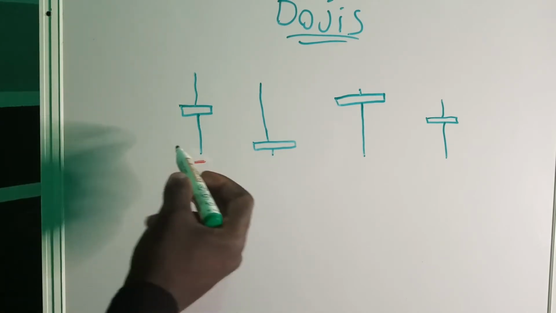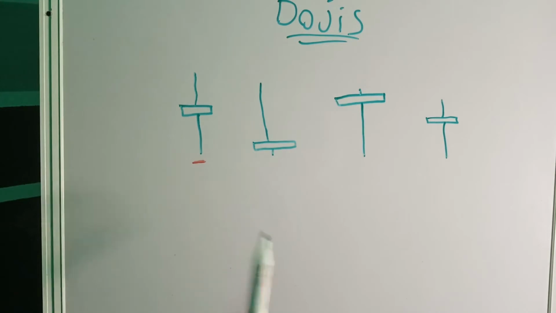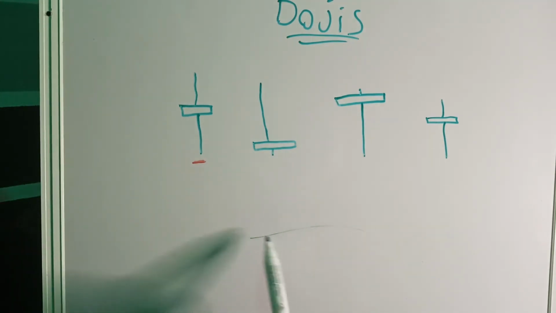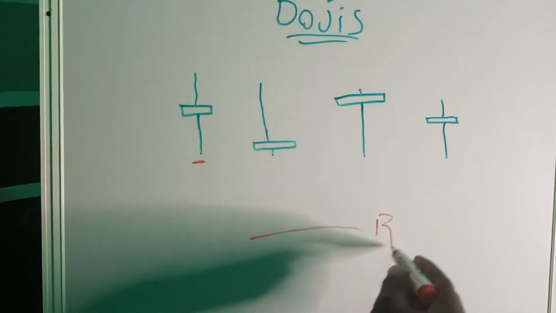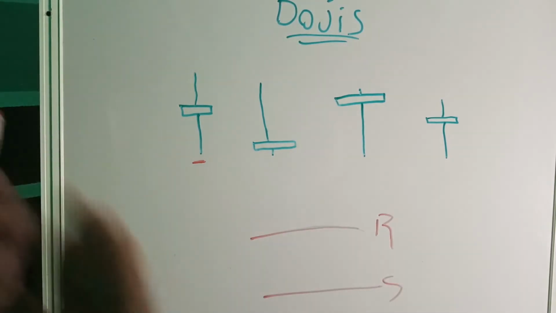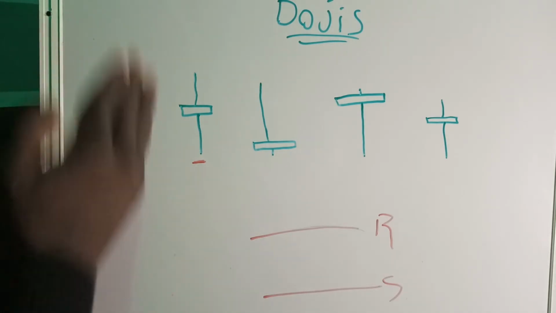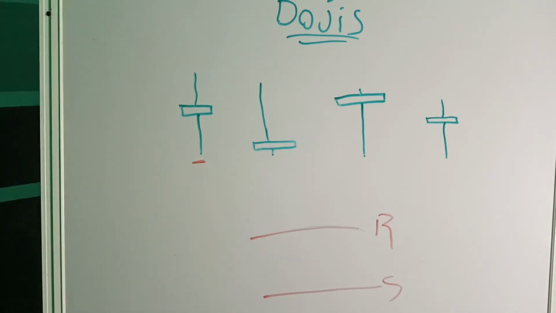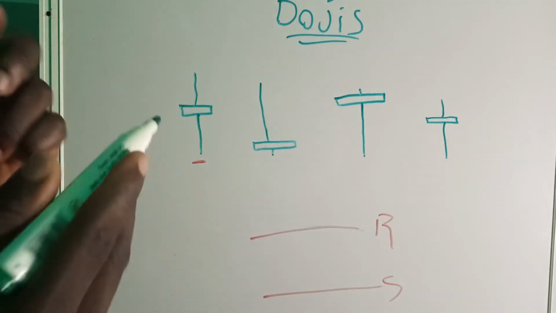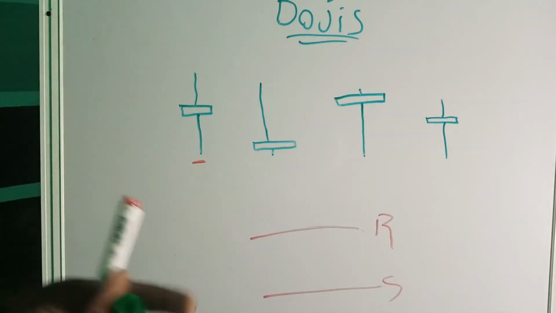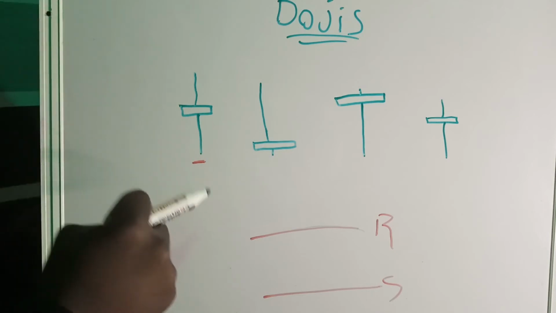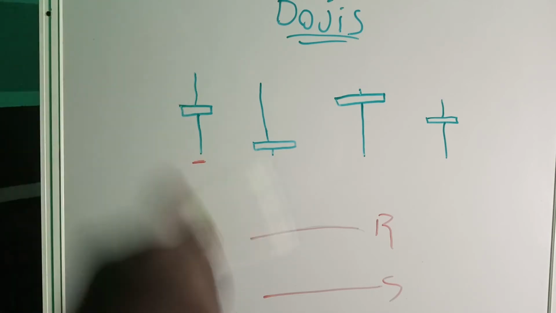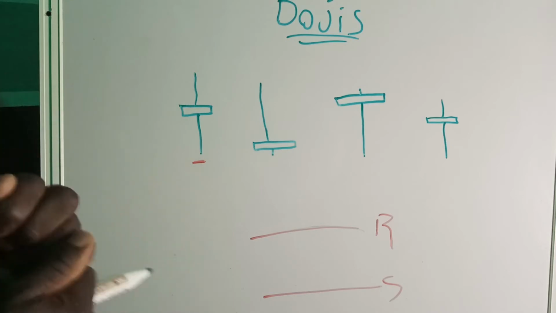Now, if any of these dojis should form at a resistance or a support level, it indicates trend continuation or a reversal. Let me repeat, if any of these dojis should form at a support or a resistance, it's signaling to you that the currency will reverse or there will be a trend continuation.